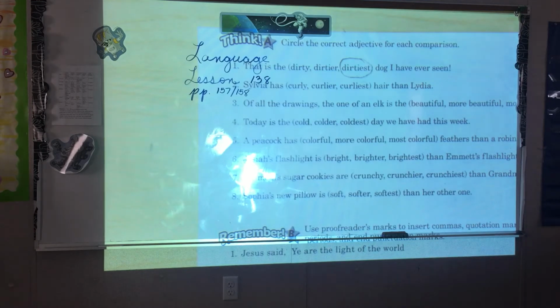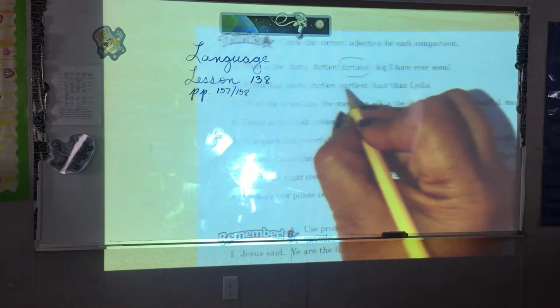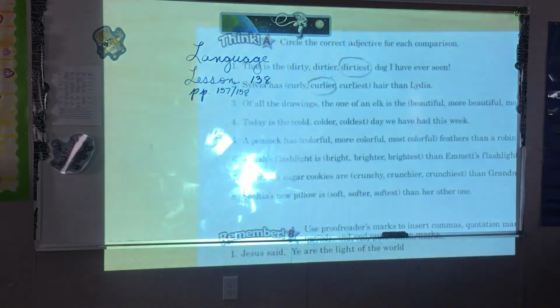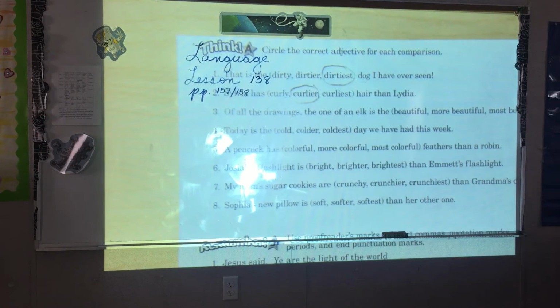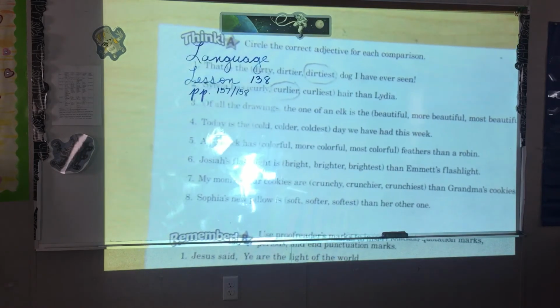Sylvia has curlier, curliest hair than Lydia. Who am I comparing? I'm comparing Sylvia and Lydia. How many people? Two. So I'm going to use curlier. Number 3, of all the drawings, the one of an elk is the beautiful, more beautiful, most beautiful.